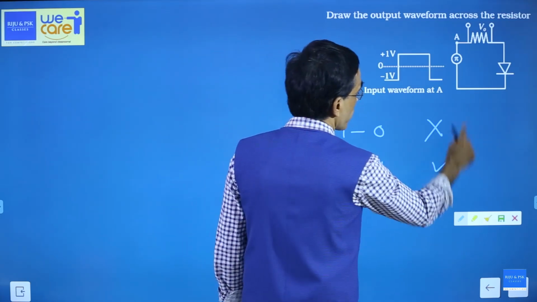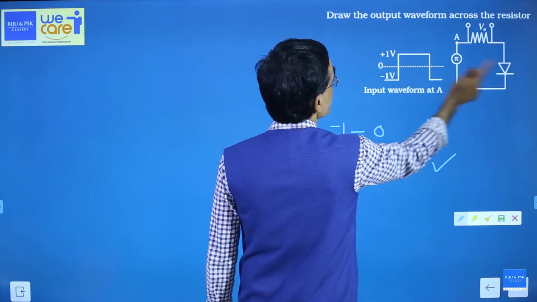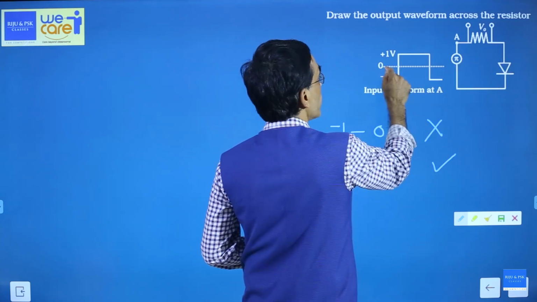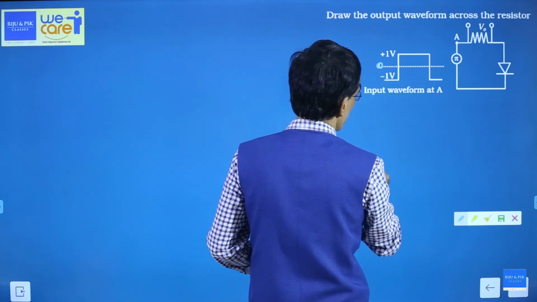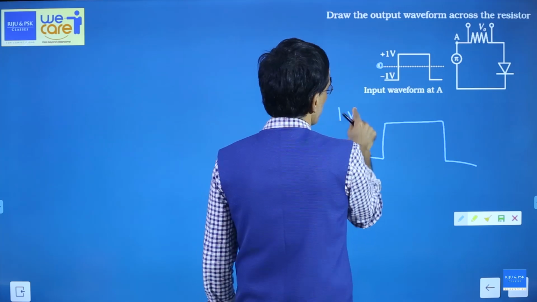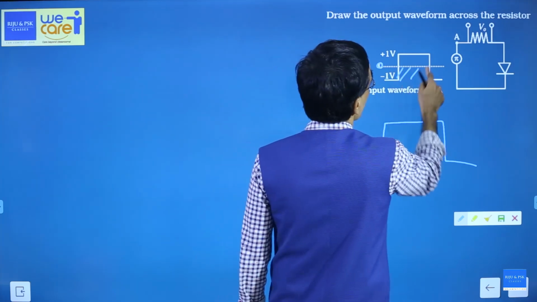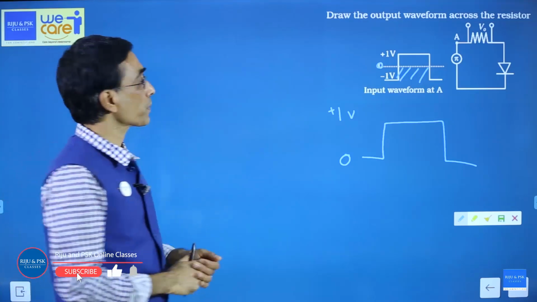For 0 to 1, the diode will conduct. That's the point. So the -1 to 0 portion will not be available, and the voltage available is only between 0 and 1. So the output voltage should be just like this, but it should start at 0 and go to 1. The negative portion will not come. So this is the output across the resistor.